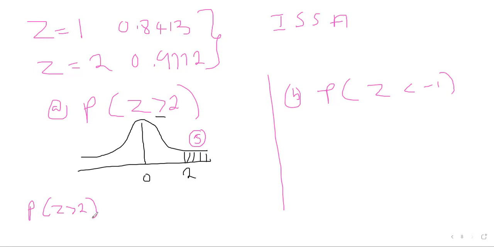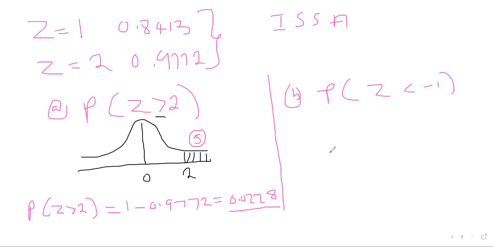So what is the reading for 2? 0.9772. Are we together? Then we subtract. Yes. So the reading here is 0.0228. That is a done deal.